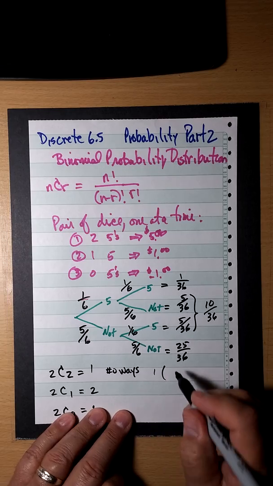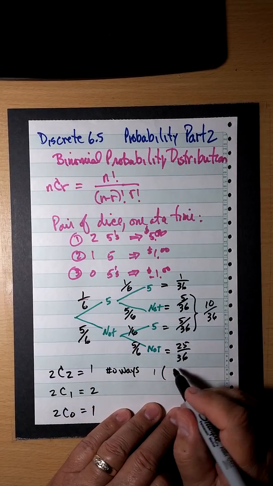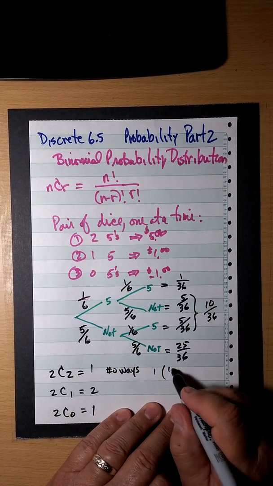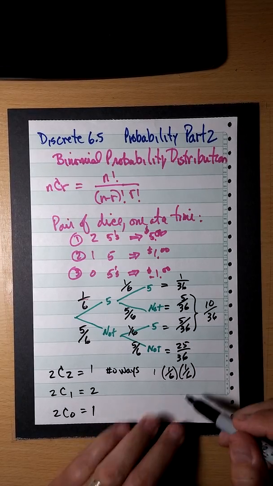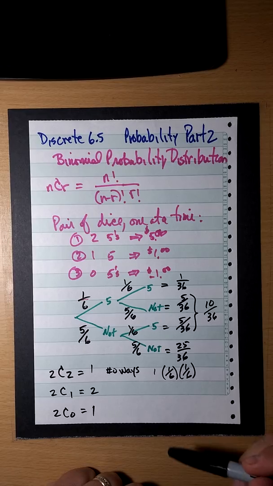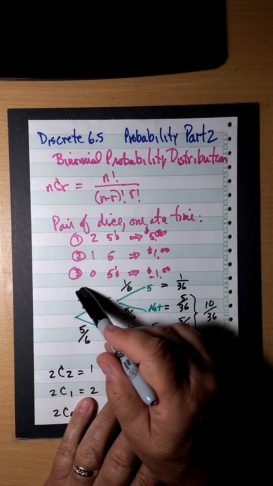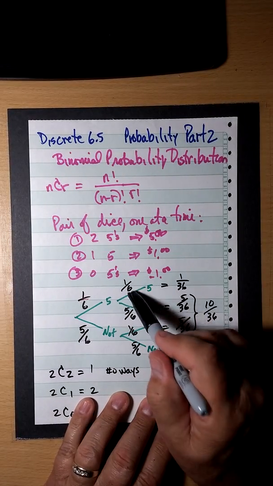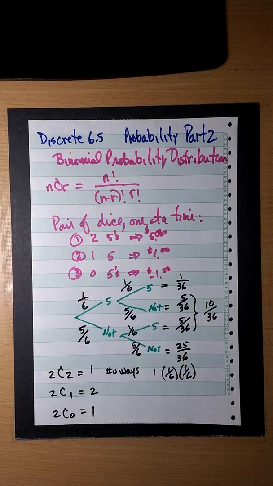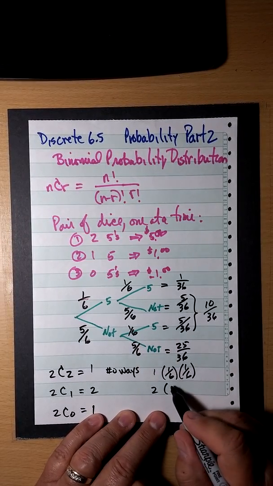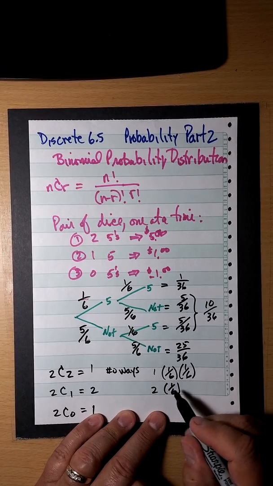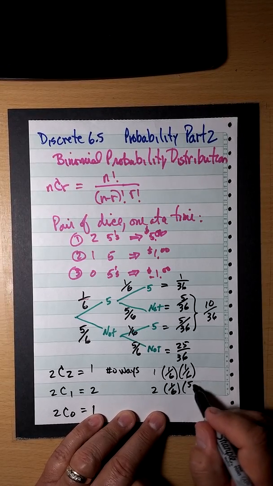There's 1, if you do this, 1/6, 1/6 for each throw. This is more like the fundamental rule of counting. If there's 1 out of 6 ways to get the first thing and 1 out of 6 ways to get the second thing, sort of like that. And 2 times, well, you might get a 1 out of 1/6, get 1, but you miss 1.